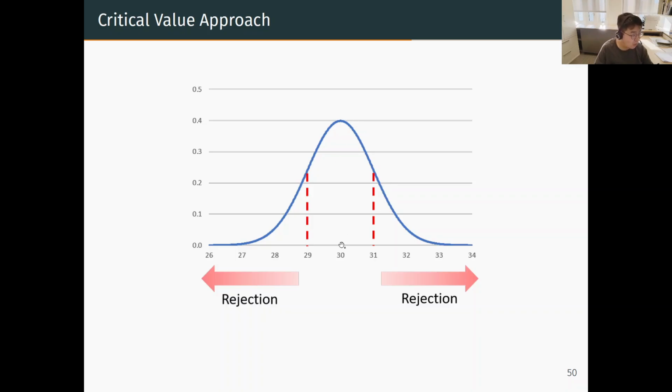So this is the idea. My belief was here, but if you set critical values at 29 and 31, for example, here and there, then I'm going to reject outside those two points. Your belief is here, and you allow a certain margin around your hypothesis. Outside is the rejection region.